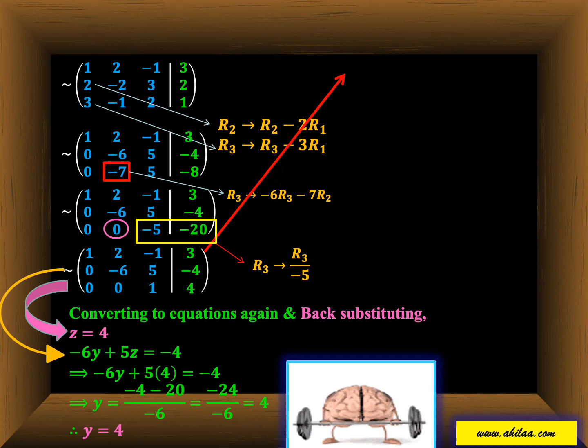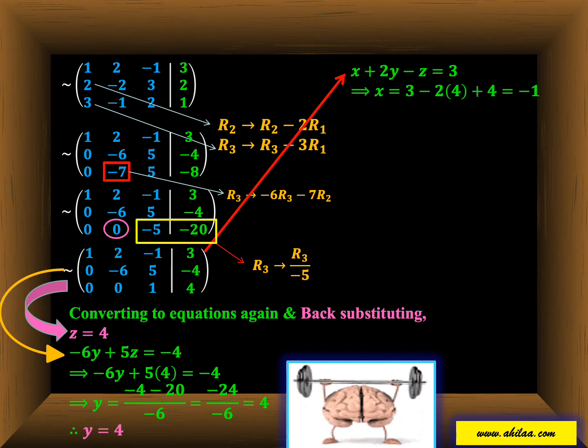Now using the first row, the equation is x plus 2y minus z equal to 3. So x equal to, substitute the values of y and z, we are getting it as minus 1. So our solution is x equal to minus 1, y equal to 4, z equal to 4. Good.